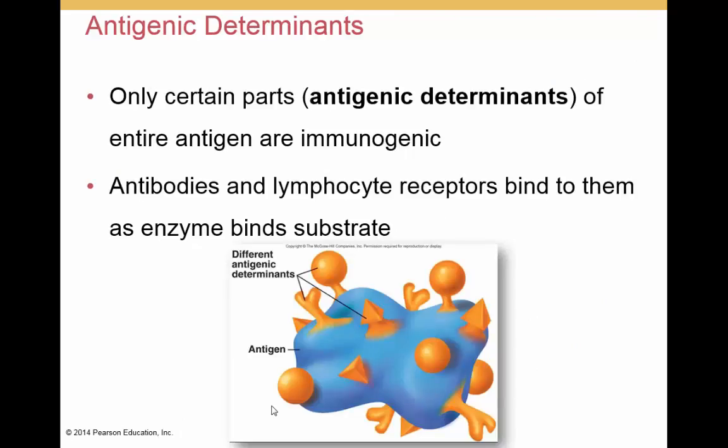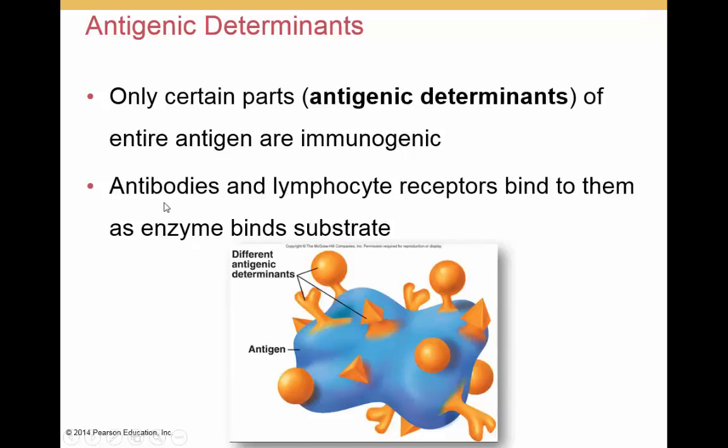So I mentioned antigens. Now let's talk about antigenic determinants. Only certain parts of an entire antigen are immunogenic, meaning not the entire, if this is a bacteria, the entire bacteria is not recognized as an antigen, right? It's got a whole bunch of surface markers on it, just like our cells have hundreds of different markers on the surface. And the T cells and B cells are looking for very specific little components. So on the surface of this bacteria, there'll be different glycoproteins or different proteins or different receptors.